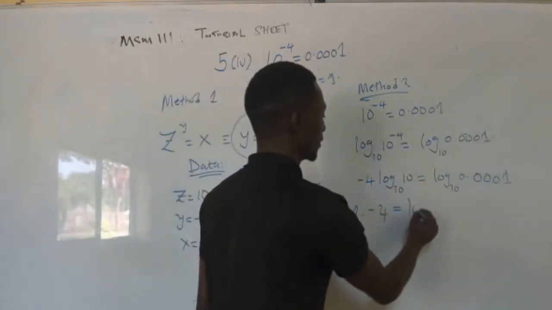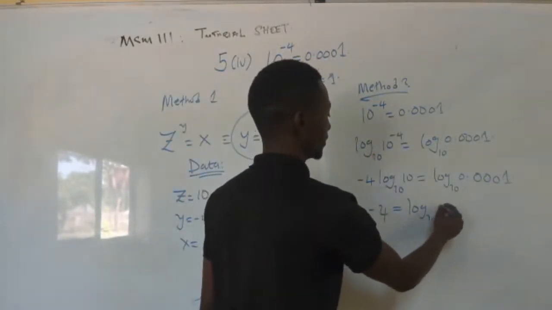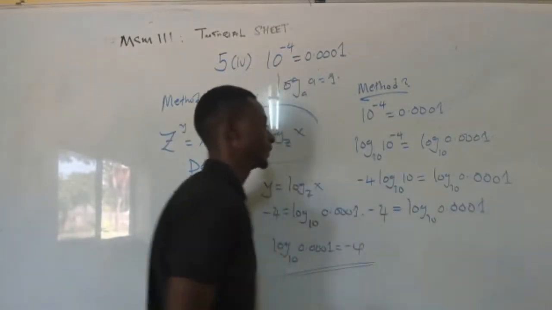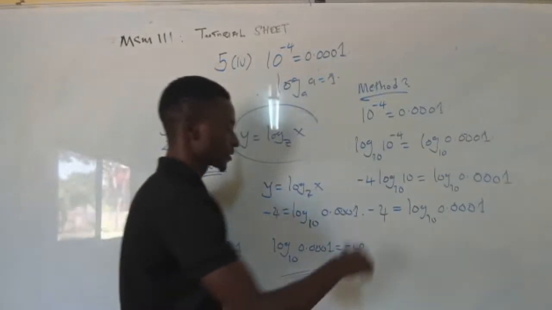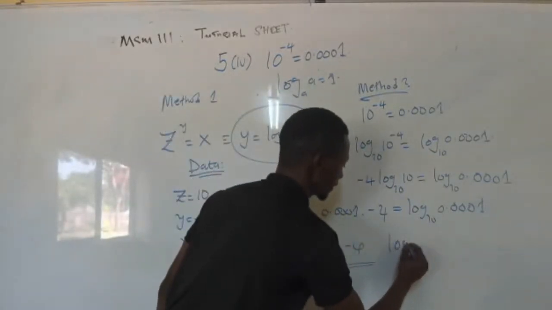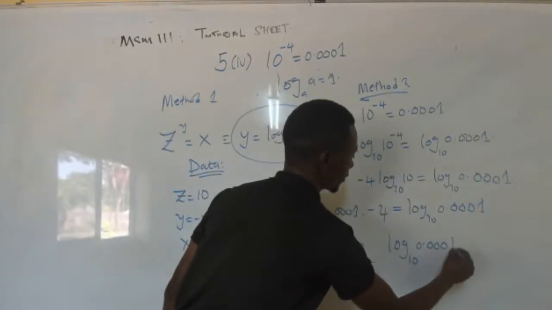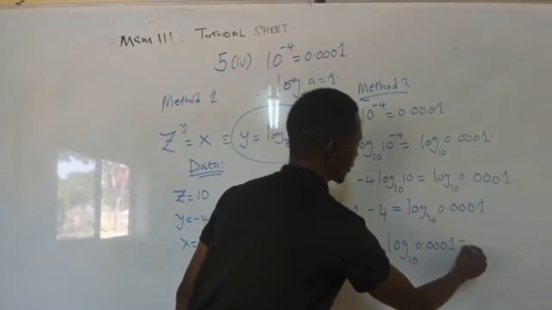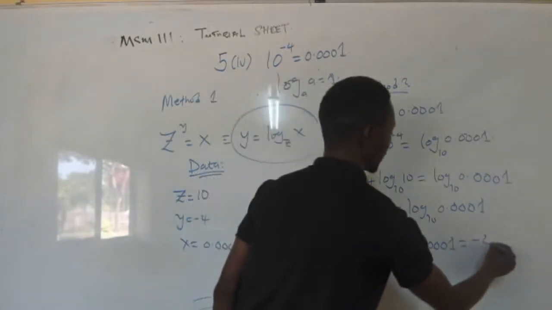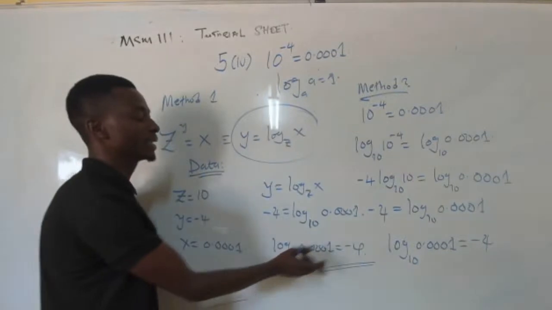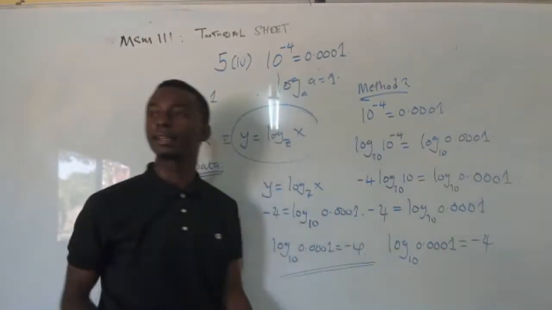So there you go, log 10 of 0.0001. In conclusion, you can say log 10 of 0.0001 equal to negative 4.